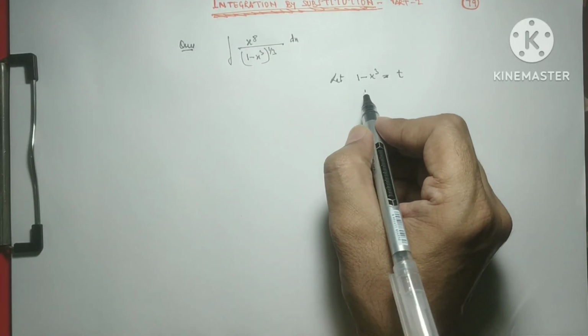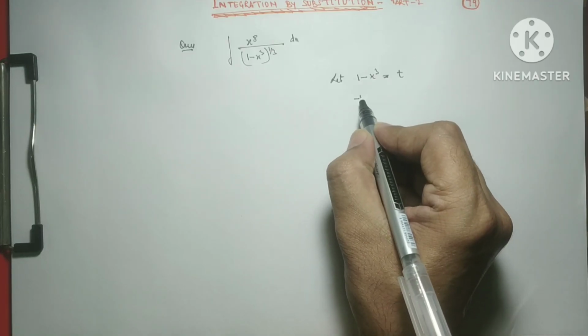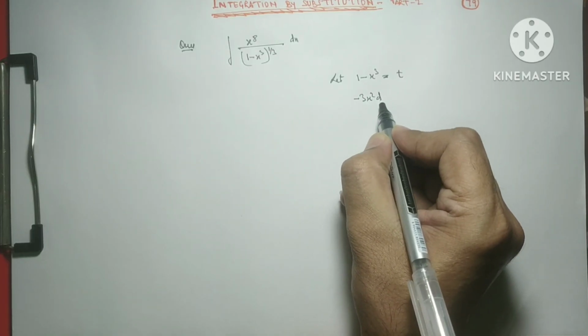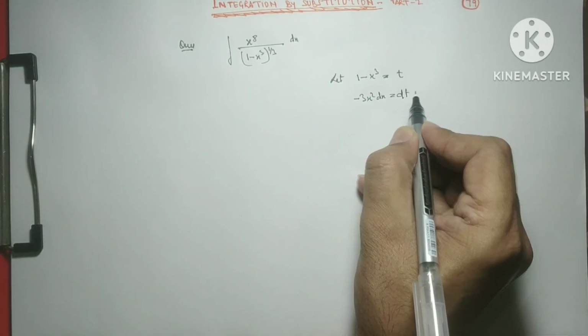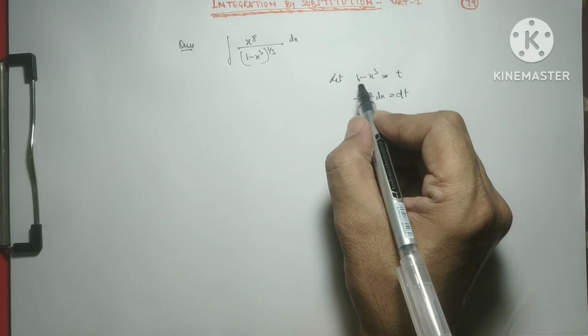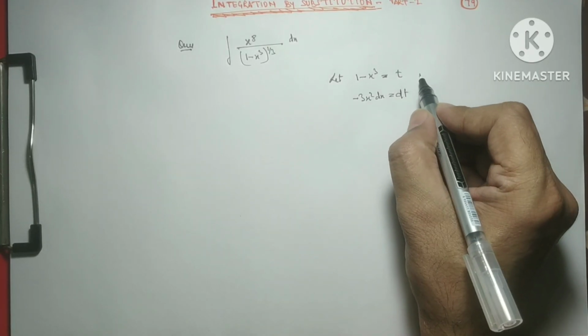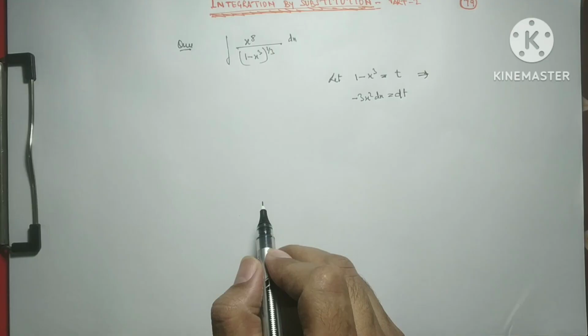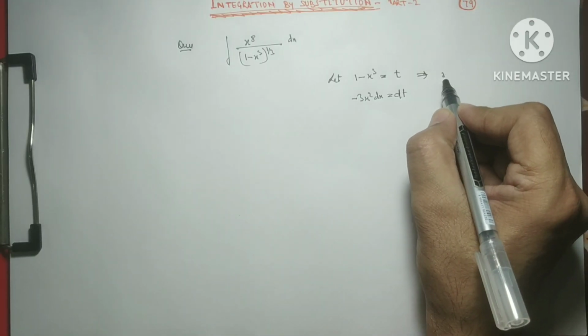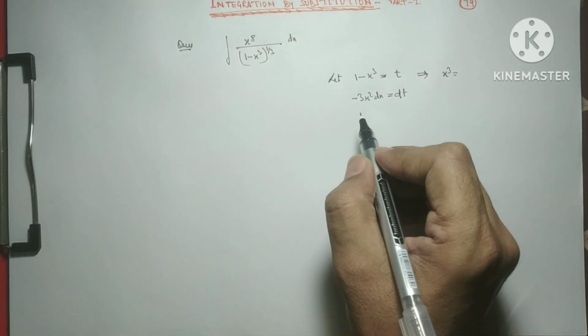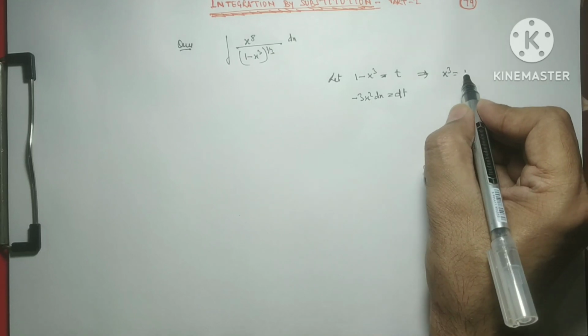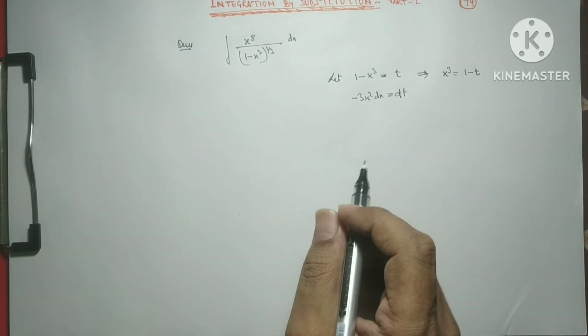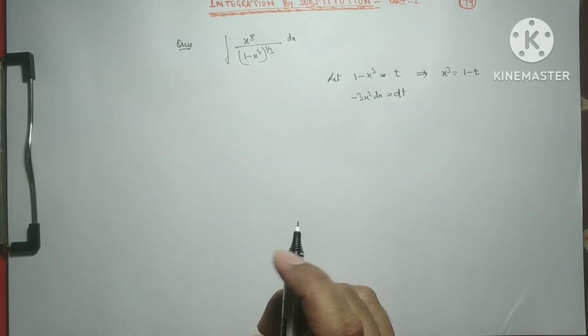Now we differentiate this, we get minus 3x square dx equals dt, and we also collect the value of x cube from this. So x cube equals 1 minus t. We can use this value also.